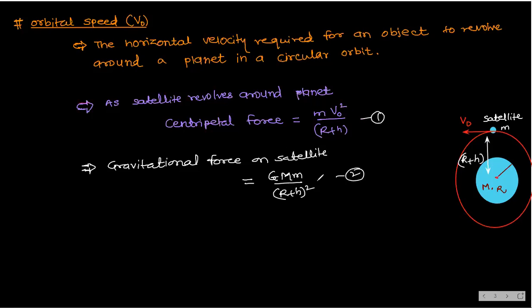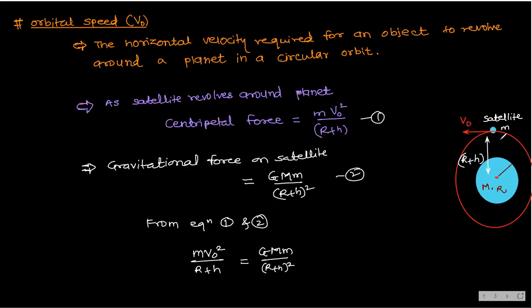Responsible for revolving a planet with this, and therefore from equations 1 and 2, can I write like this? M v naught square divided by R plus h is equal to G M m divided by R plus h whole square. Okay? Yes, no?